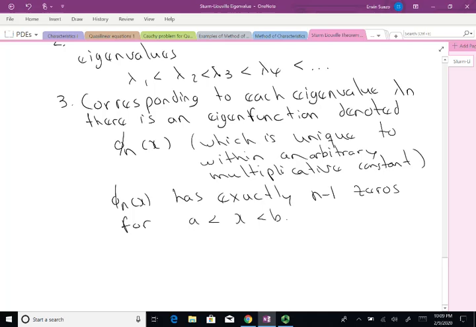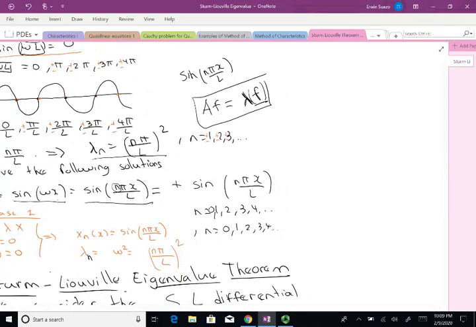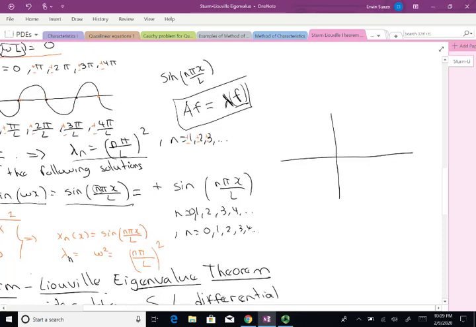Well, actually this is very nice. So what are they saying? I'm making my function between 0 and L, right?